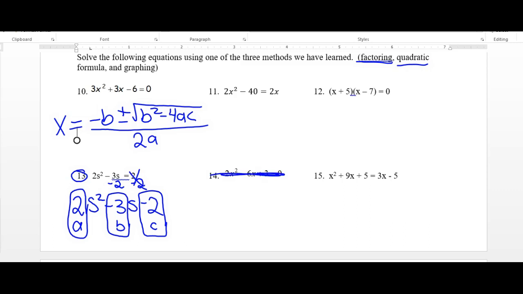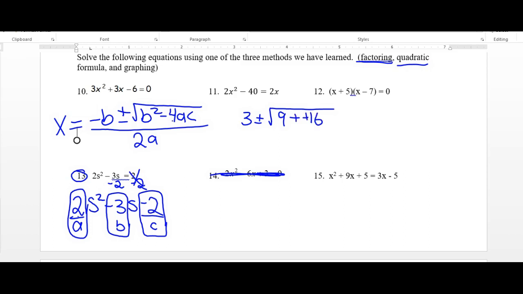-b is going to be -3, so +3 plus minus square root of b squared. -3 squared is 9 minus 4 times a times c. So 4 times 2 times -2 is -16.